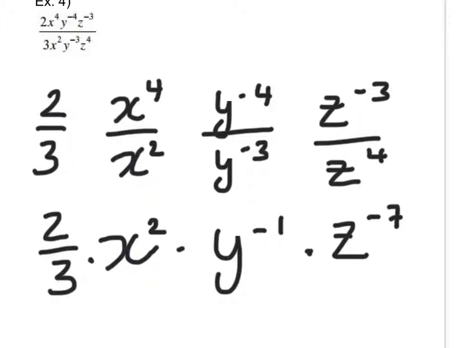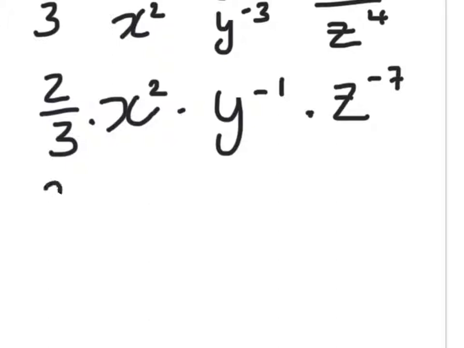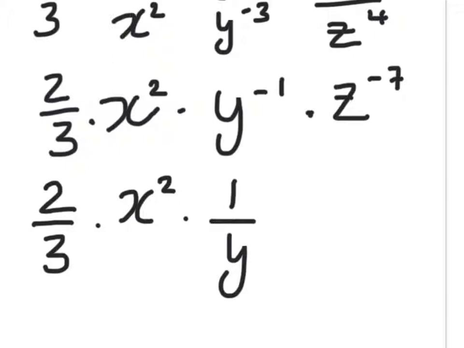Okay, now let's finish this off. So we have 2 over 3 times x squared. Y to the minus 1 is 1 over y. Z to the minus 7 is 1 over z to the 7. Okay, now remember x squared, if we want to write that as a fraction, we can write it as x squared over 1.